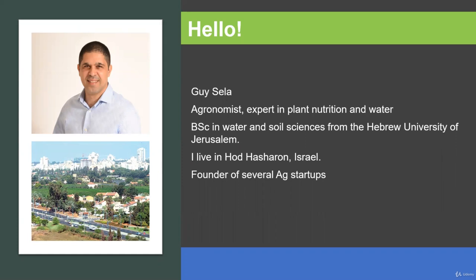Hod HaSharon is a small agricultural town, or was an agricultural town anyway. And in the past 10 years, I established several ag startups. Some of them are very successful. And well, today I give you this course.